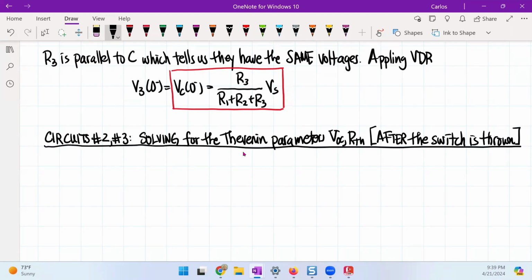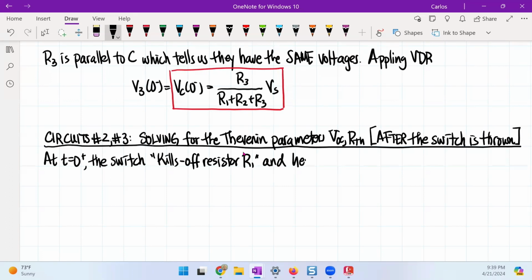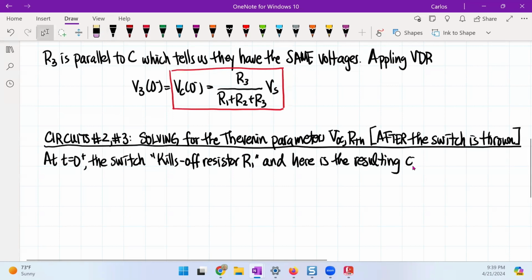So let's go do that. What we are looking at is that at t equal to 0 plus, the switch kills off resistor R1, and here is the resulting circuit.